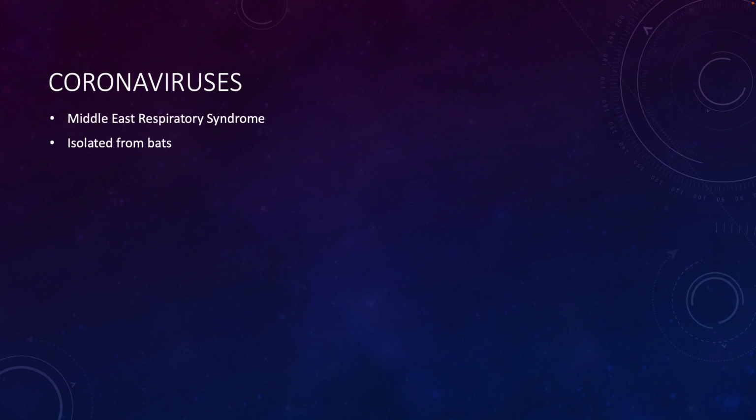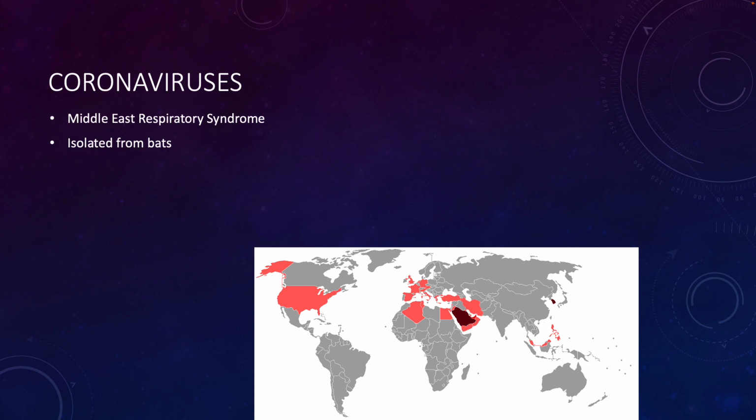The next coronavirus is Middle East Respiratory Syndrome, or MERS. This virus has also been isolated from bats. Here is a diagram of the countries that have had cases of MERS. You see Saudi Arabia is most affected, and South Korea as well. It was first identified in April of 2012 in Saudi Arabia.